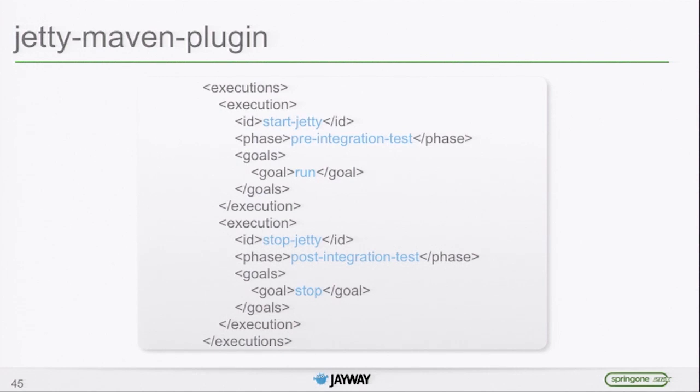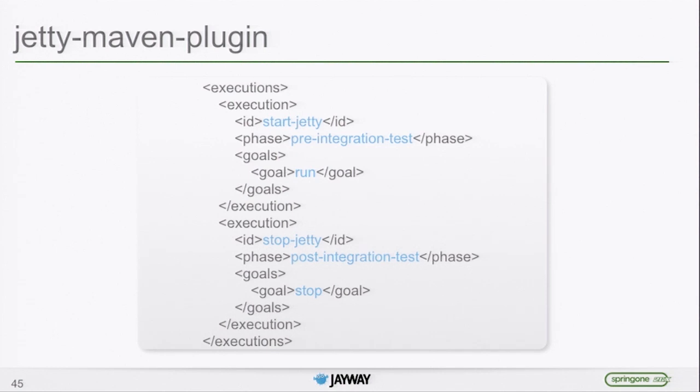And this is done because what you usually do in the normal test phase is have your quick small tests based on units that have a quick turnaround time. But in the integration test phase, by hooking in, for example, the Jetty Maven plugin, in the pre-integration test phase you can start a Jetty server, which creates the application context for you.